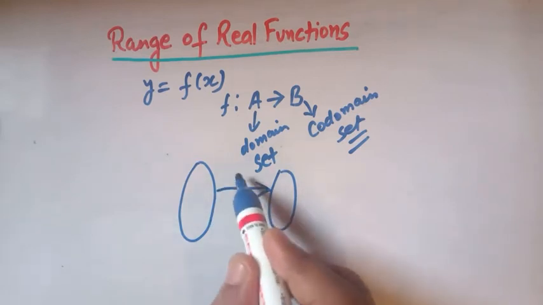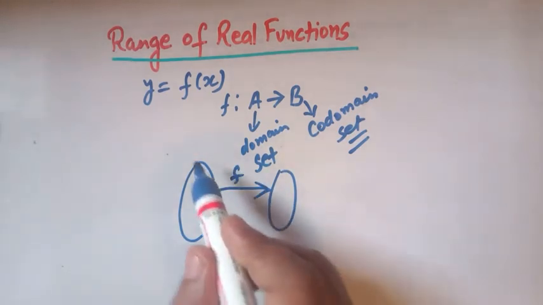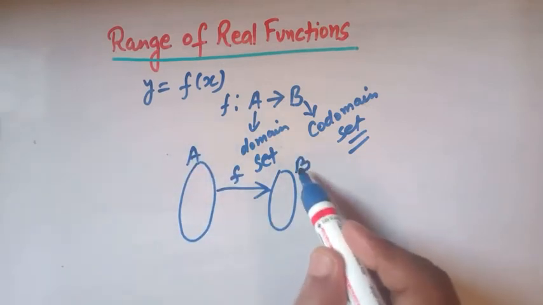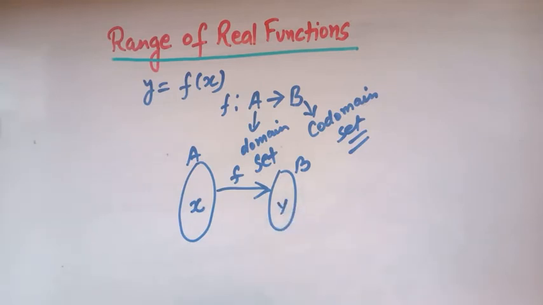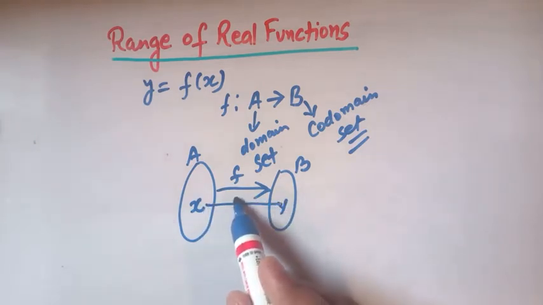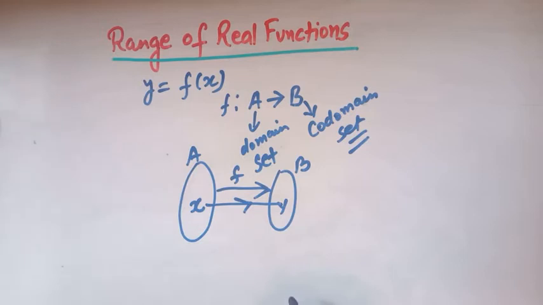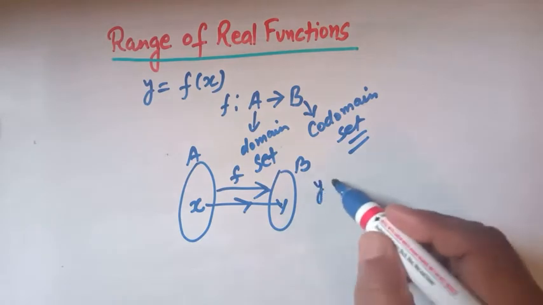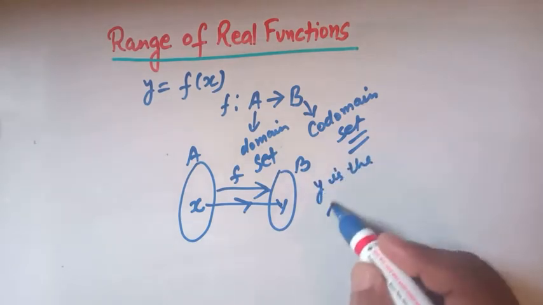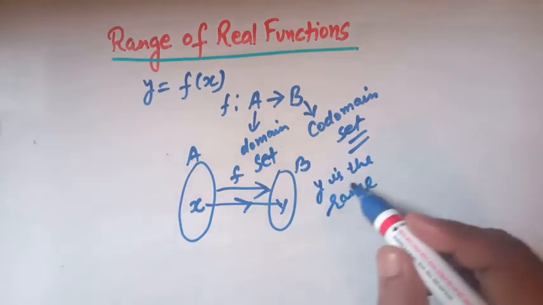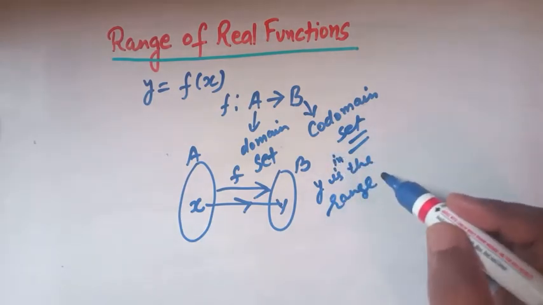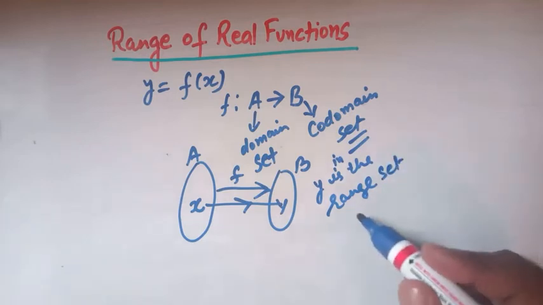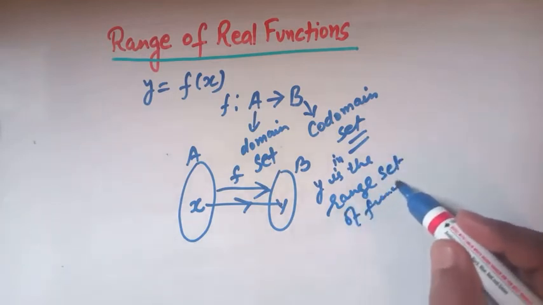Suppose we have this diagram, the function f from set A to set B. Now if we have x here, then its image is y. So x is connected with the element y, and y is in the range set of function f.